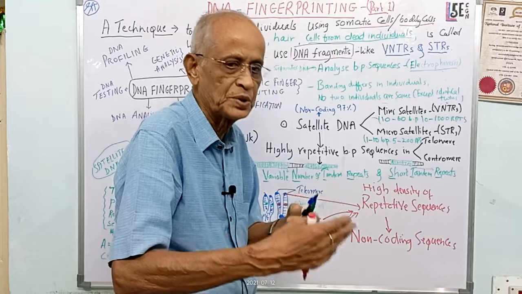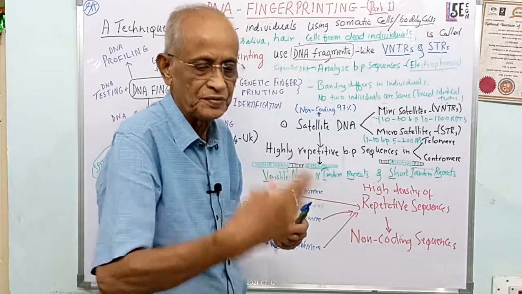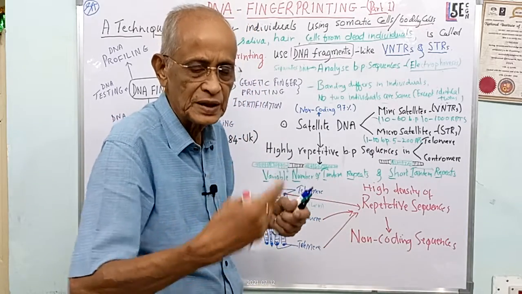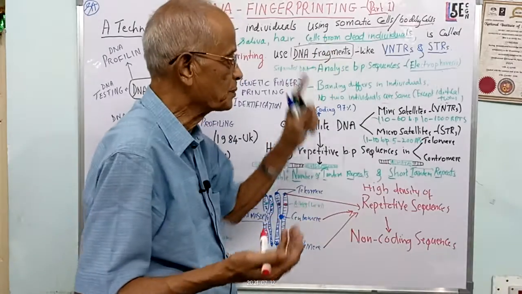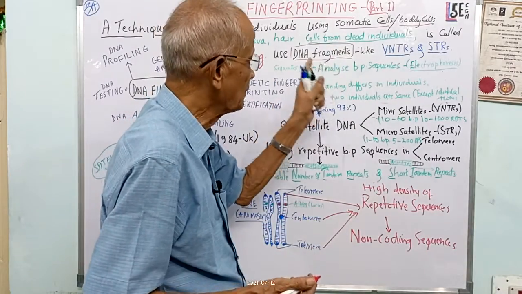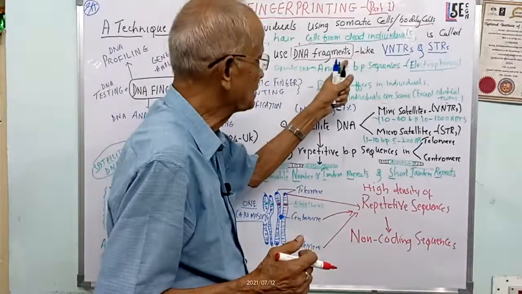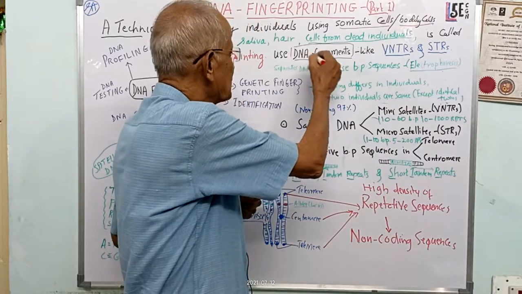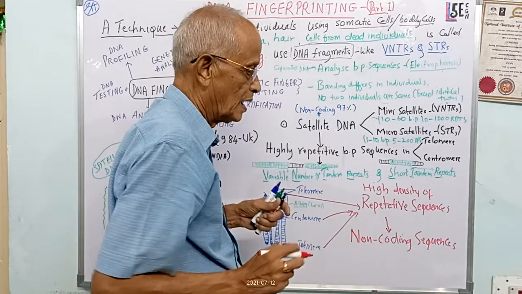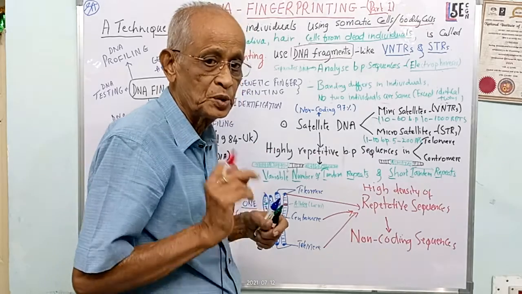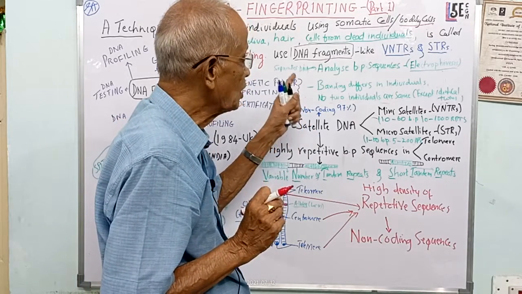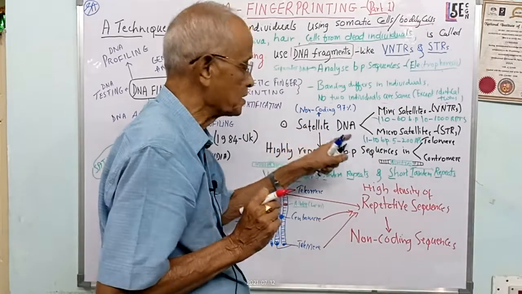There are nucleases and other types of enzymes which can cut this DNA into fragments. They take the enzyme and that enzyme will cut the DNA into fragments. And which type of DNA will they use? They will use the DNA called the satellite DNA.